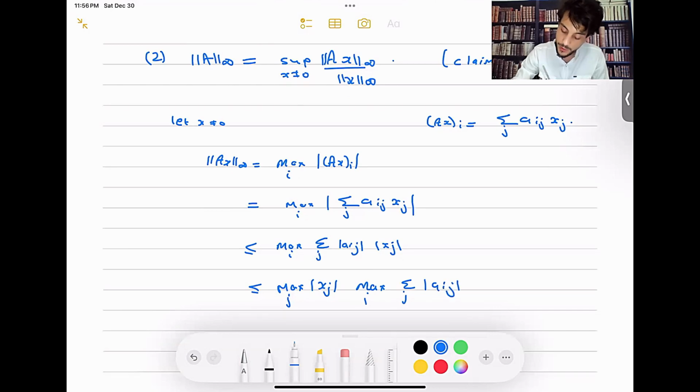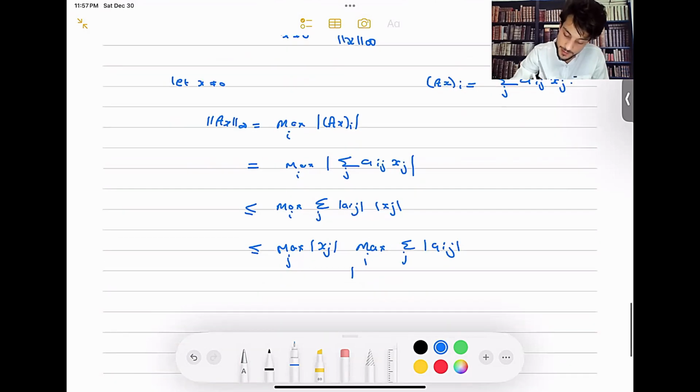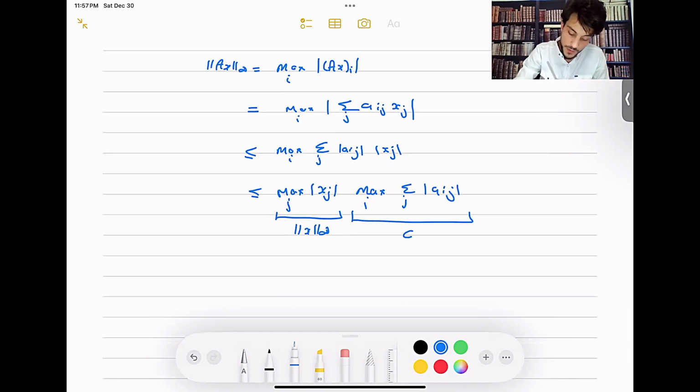And we have the following. So this is the c that we're looking for, and this is the infinity norm of x. So once we divide by the infinity norm on both sides, what we get is this thing. This is true for every x not being 0.